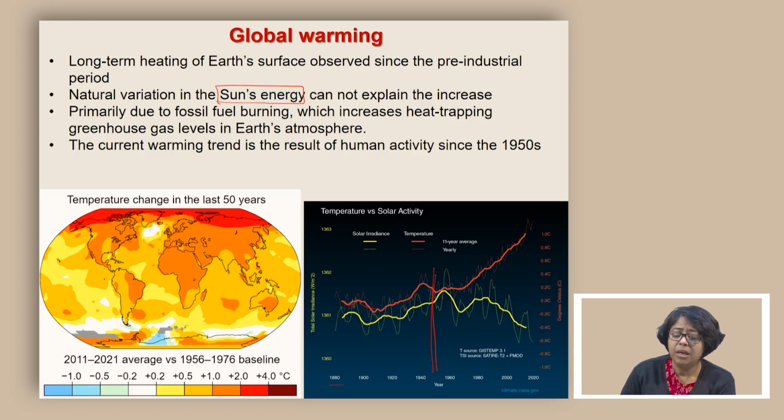On the other hand, if you look at the solar irradiance, it actually drops down, it does not really go up, and therefore, this does not explain the rise in the temperature, and it is concluded that this is not related to solar activity, and that is not causing the global warming.